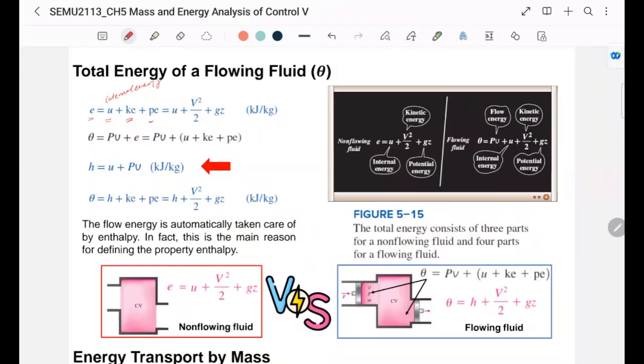The fluid is moving, not the system. The system is stationary. The control volume is not moving, and it's not changing elevation as well. Now we're talking about just the fluid itself.